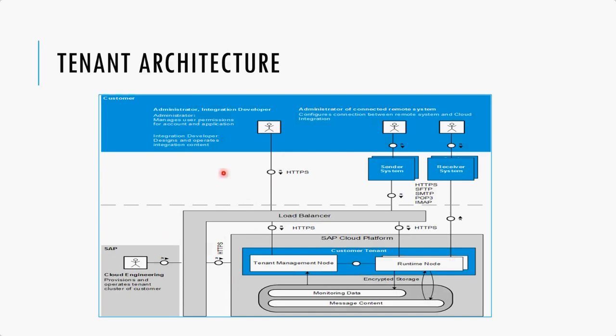So this administrator will be a security consultant, or one of the integration consultants themselves. Previously in SAP PO, this used to be a security consultant and very high level integration consultants. But here in CPI, these would be our integration consultants themselves.